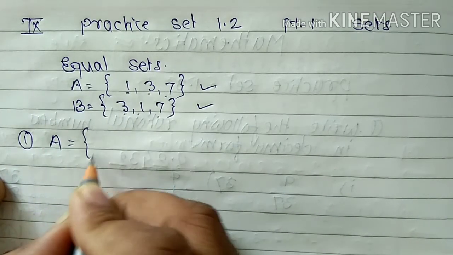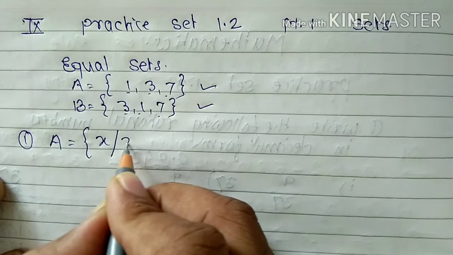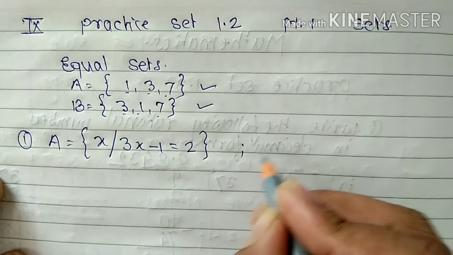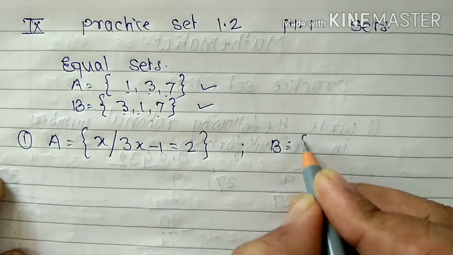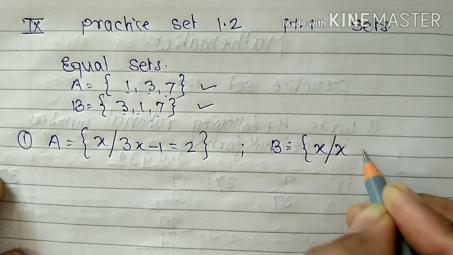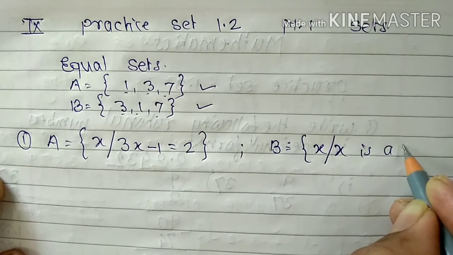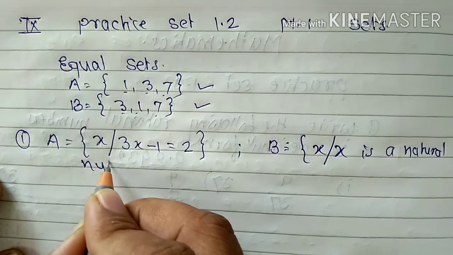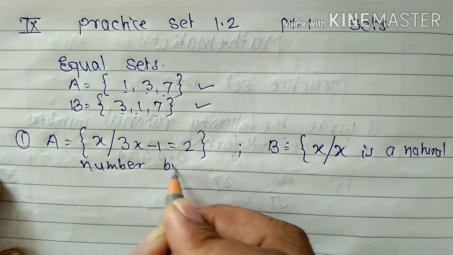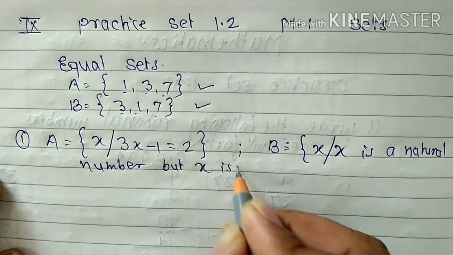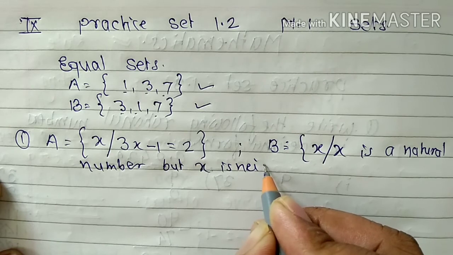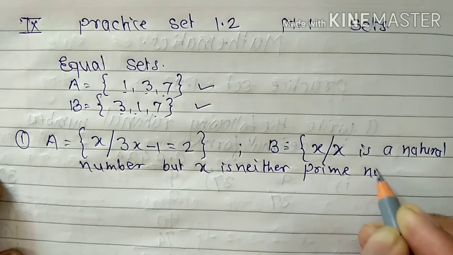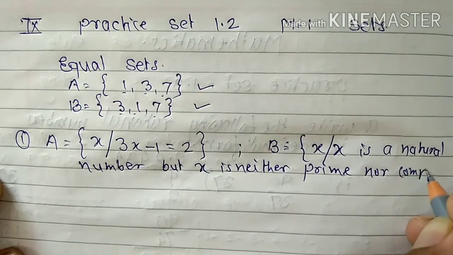Given that A is a set of x such that 3x minus 1 is equal to 2, and another set, set B, which is equal to x such that x is a natural number, but x is neither prime nor composite.